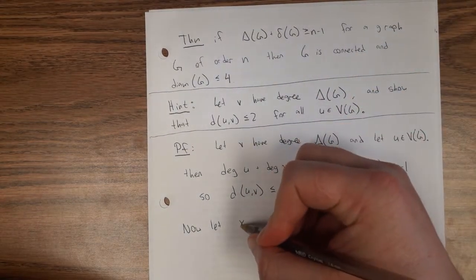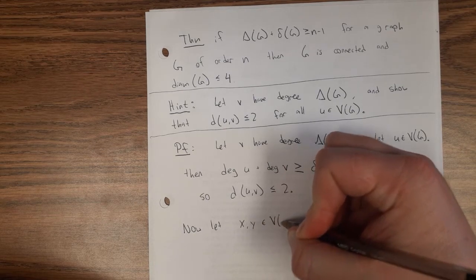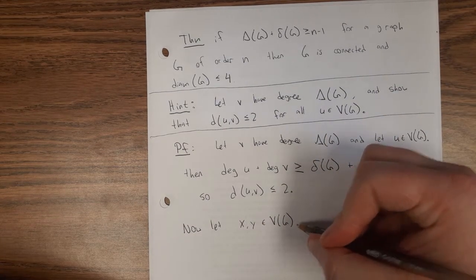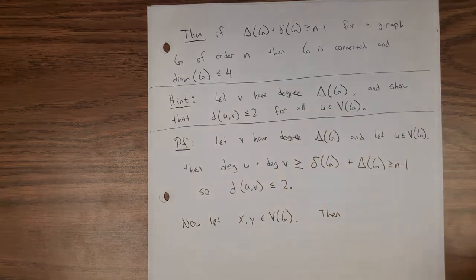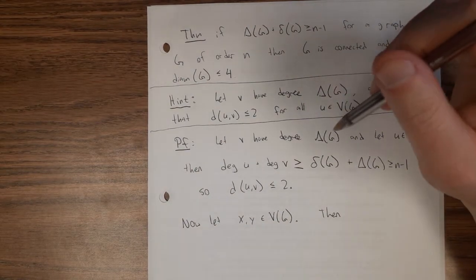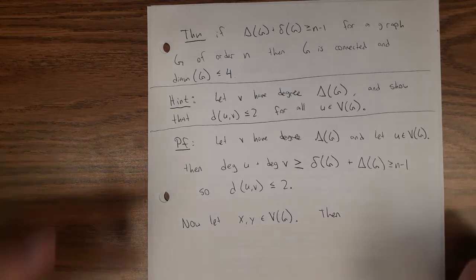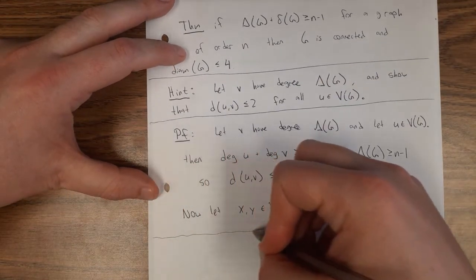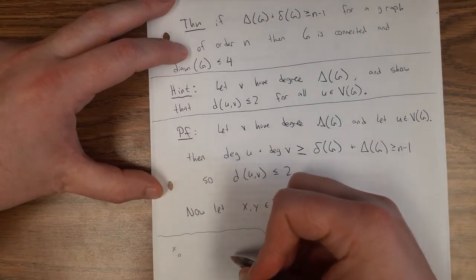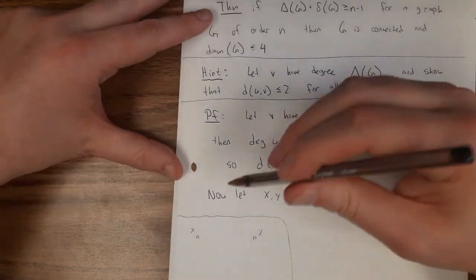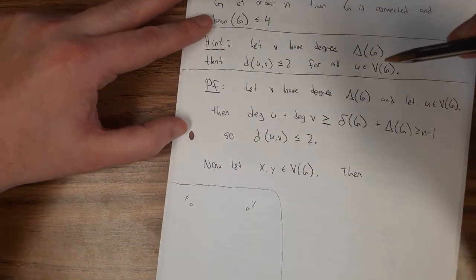So let x and y be vertices of G. Then what do we know? Before I fully give it away, let me dance around the issue just a little bit more. The idea here is that I want to get from x to y in at most 4 steps.